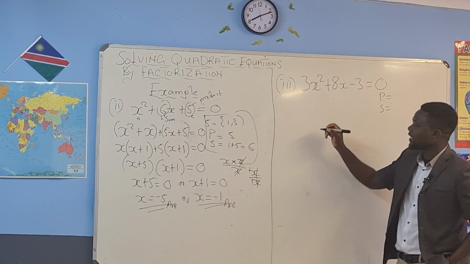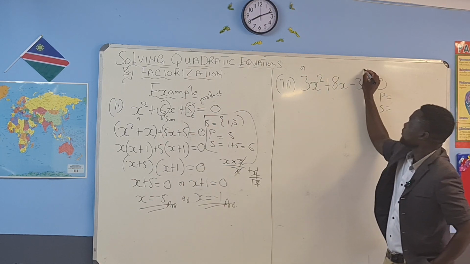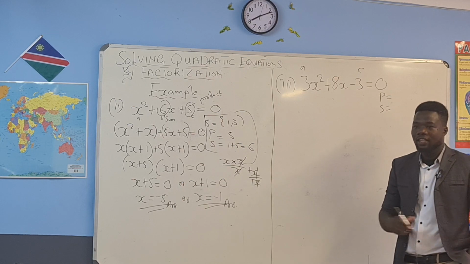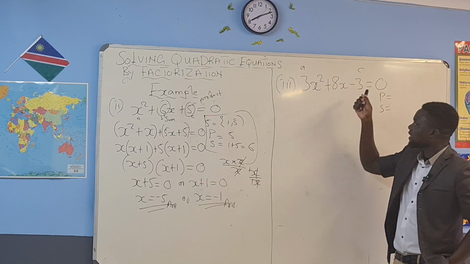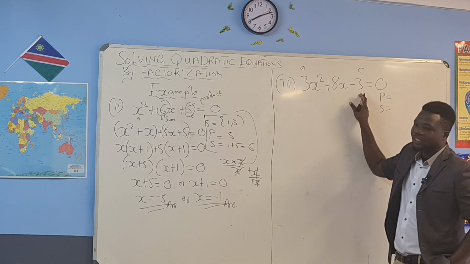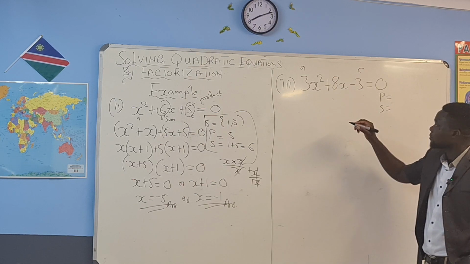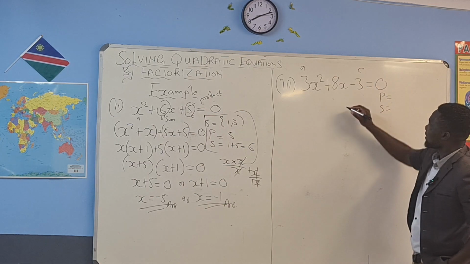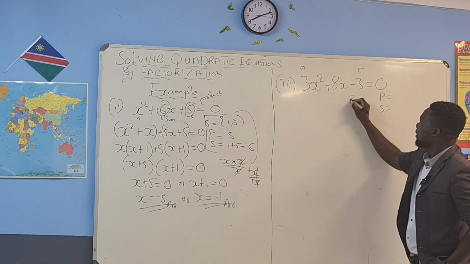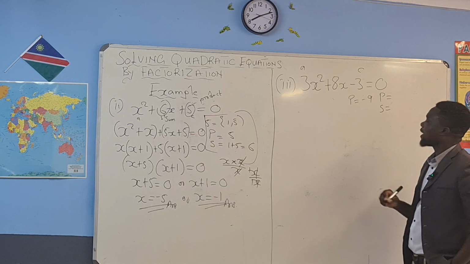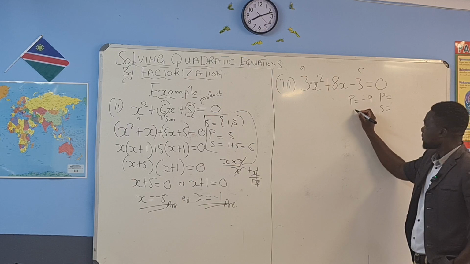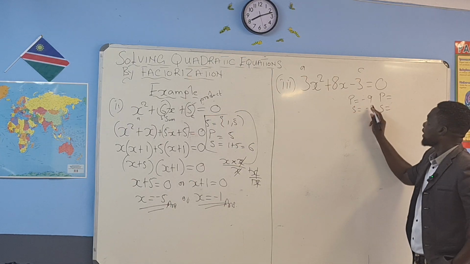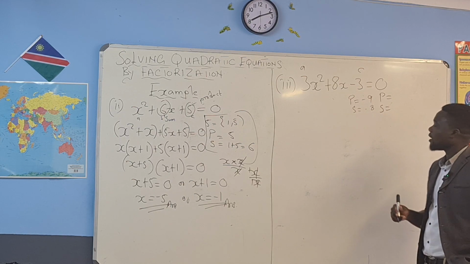You multiply A times C, which means 3 times negative 3. What are we going to get? Our product will be negative 9, and our sum will be positive 8. Are we together?